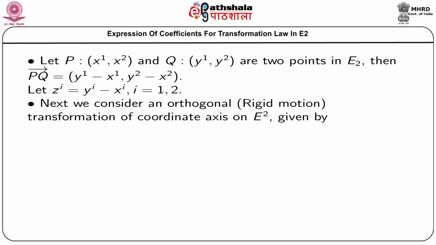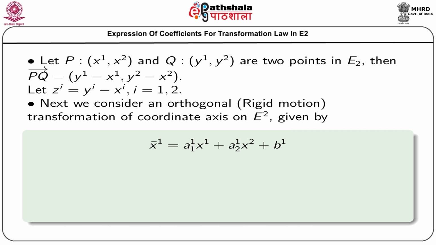Now, we give an orthogonal transformation, or the rigid motion of coordinate axes, on this E2, given by x̄1 equals a^1_1 x1 plus a^1_2 x2 plus b1.